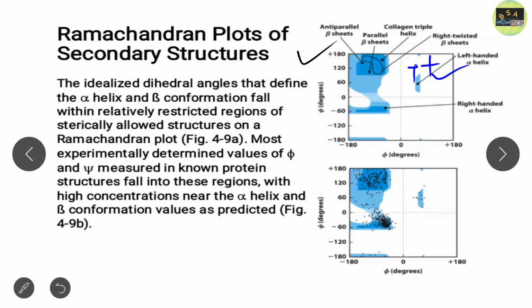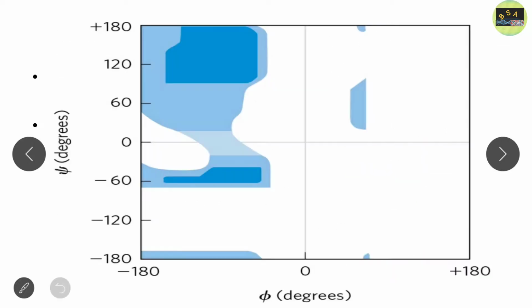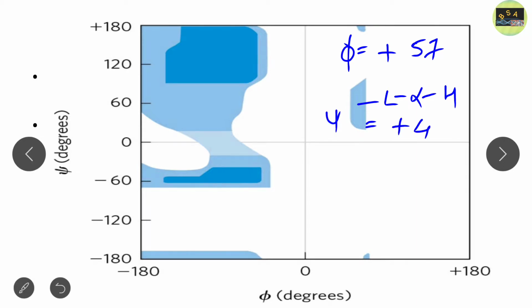So in the case of the left-handed alpha helix, both the phi and psi angles will be plus. Just note down the angles: the phi angle is plus 57, while the psi angle is plus 47.